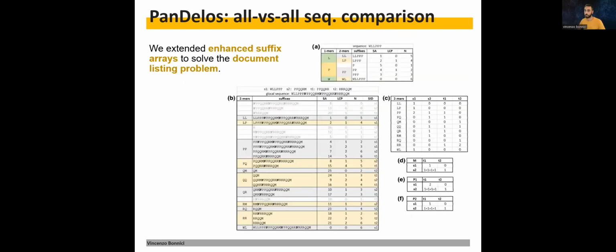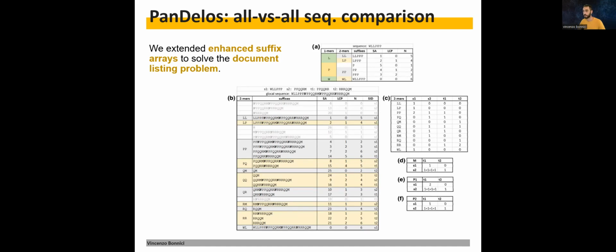The framework extends the enhanced suffix arrays with an additional array that is used to solve the document listing problem. The document listing problem says that if we have a series of documents and we want to know, given a word, in which documents this word is present, in an efficient way.